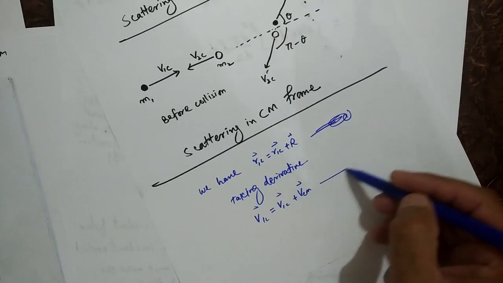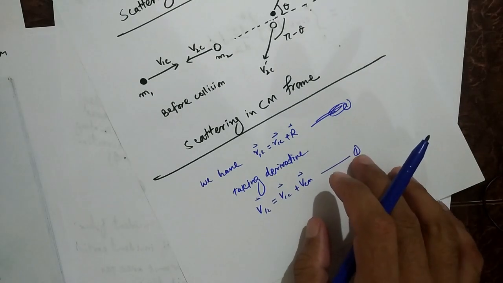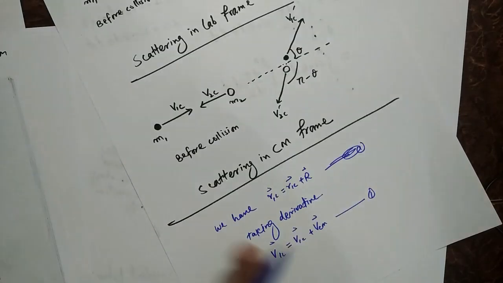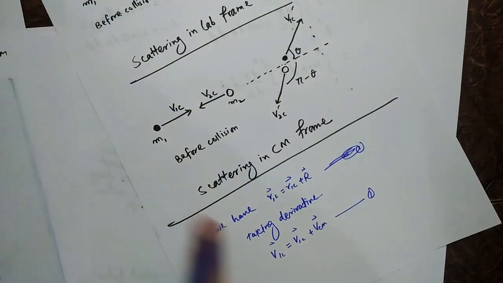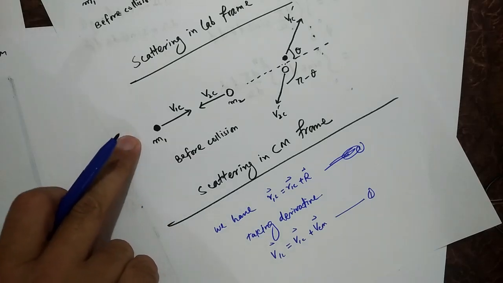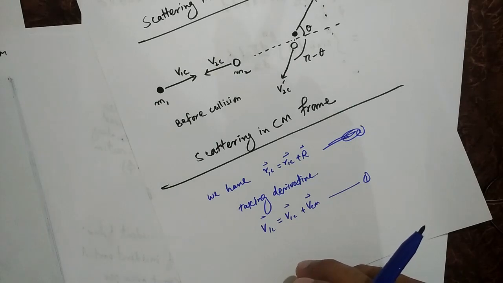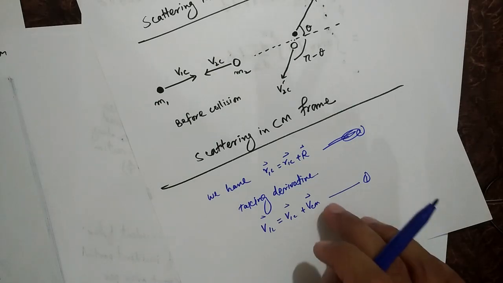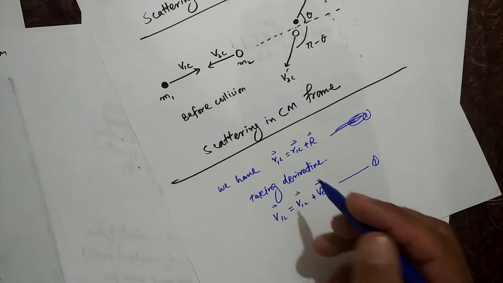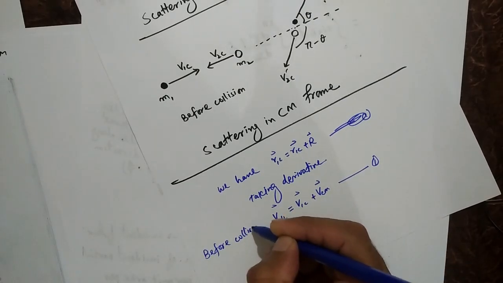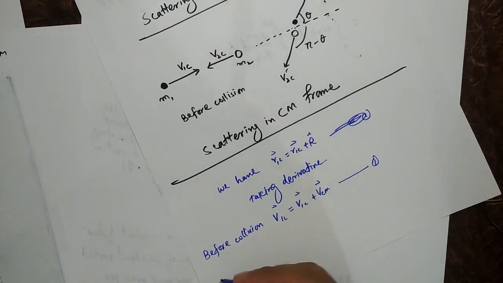Let's suppose this one is equation number 1, where V1L is the velocity of the projectile in the lab reference frame, V1C is the velocity of the projectile in the center of mass frame, and VCM is the velocity of the center of mass with respect to the lab reference frame. This one is the velocity before collision.